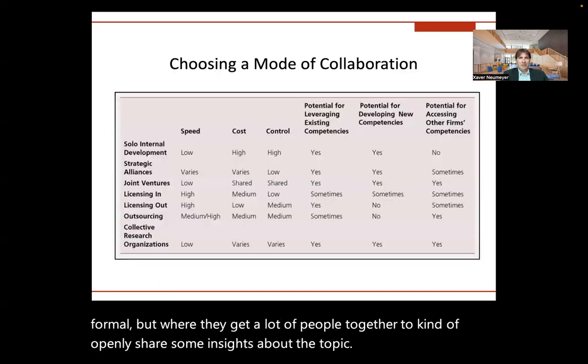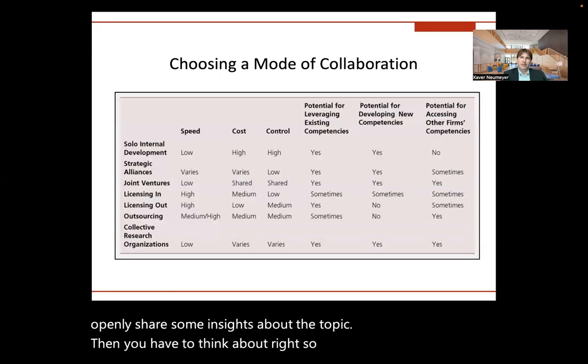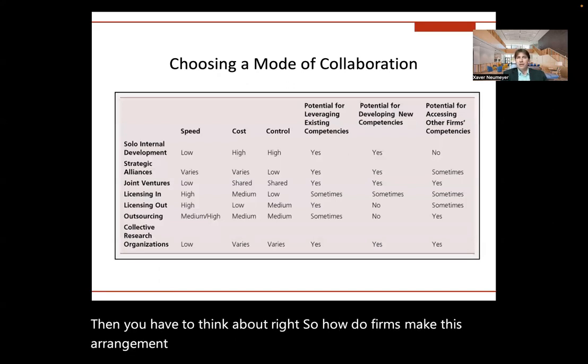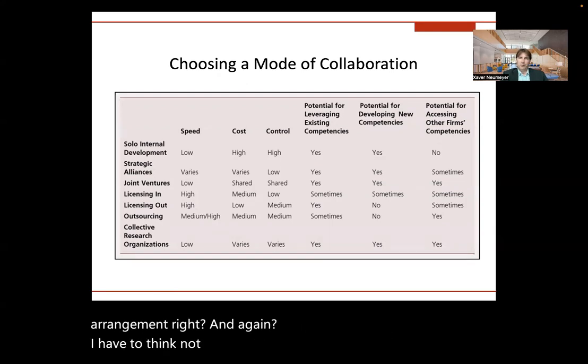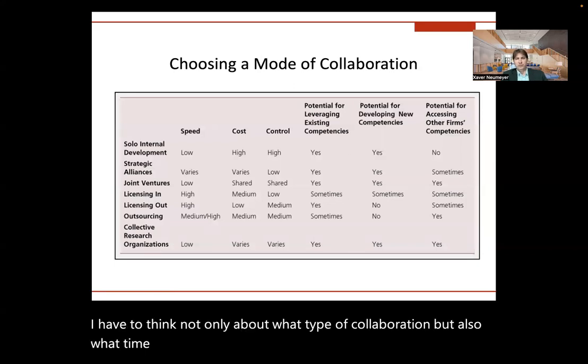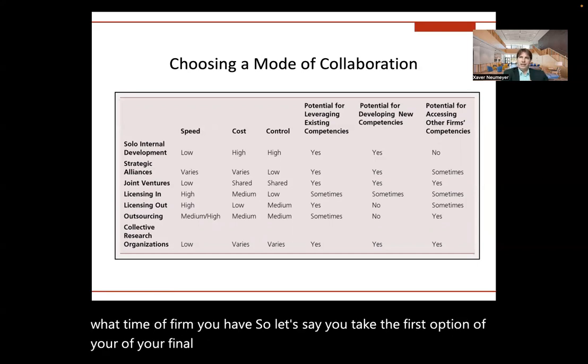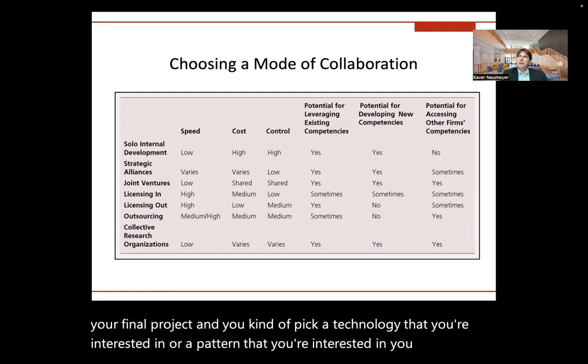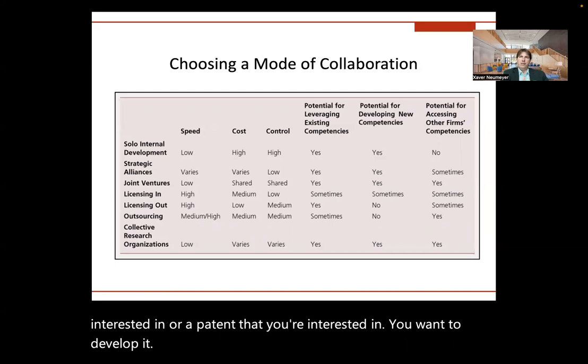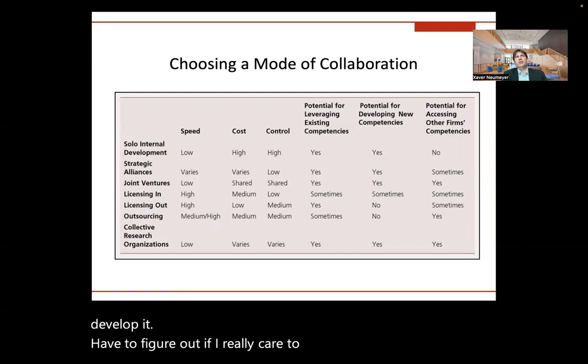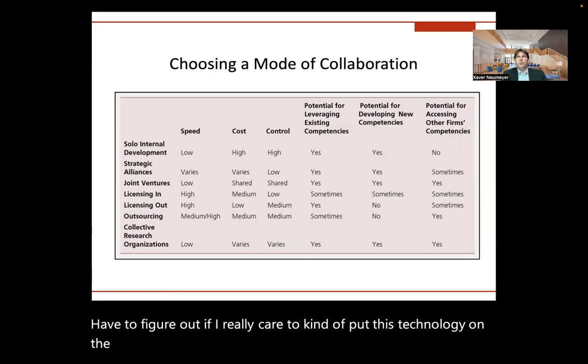Then you have to think about how firms make this arrangement. And again, you have to think not only about what type of collaboration, but also what type of firm you have. So let's say you take the first option of your final project and you pick a technology or a patent that you're interested in, and you want to develop it. You have to figure out, if I really care to put this technology on the market, who could be potential partners for this endeavor?